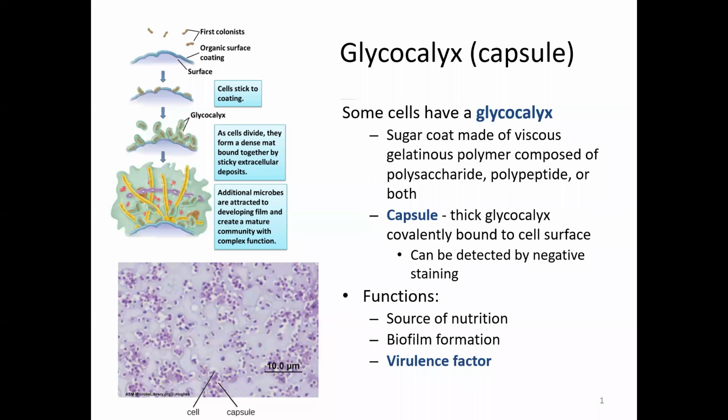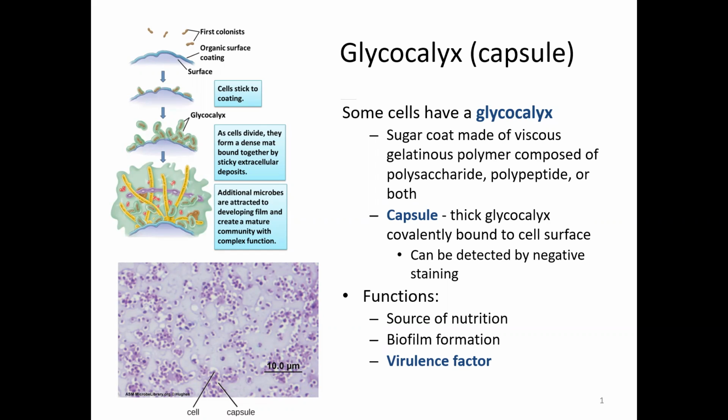Specifically, capsules help protect the bacteria from phagocytic cells. Remember, phagocytic cells, their purpose is to go and engulf foreign invaders and digest them to get rid of them. And so this sugary layer makes it really hard for phagocytes to grab hold of these organisms and eliminate them.